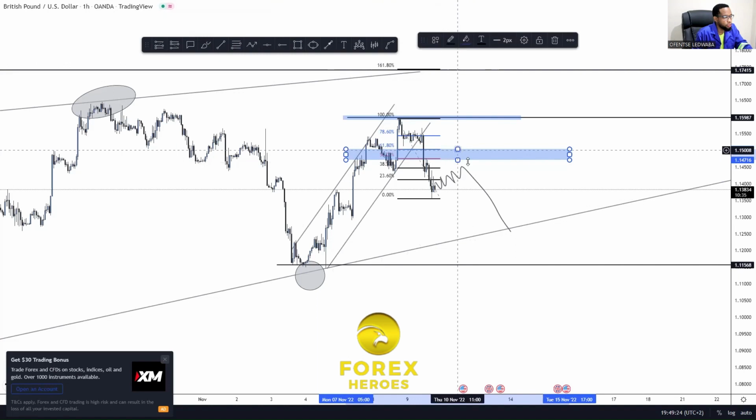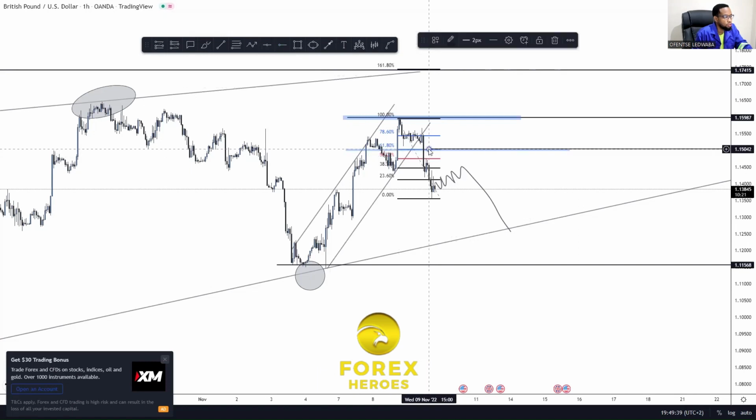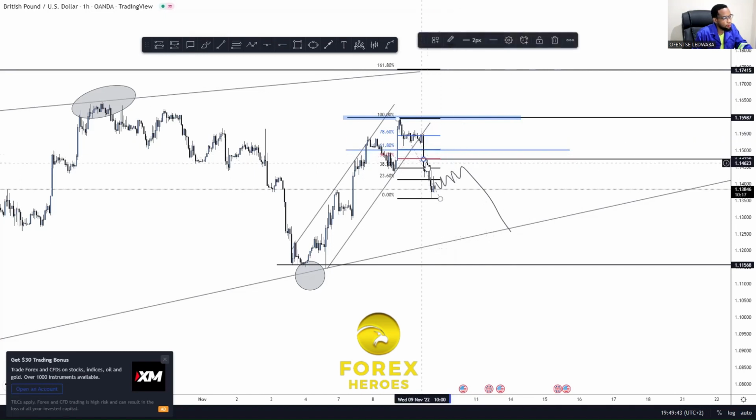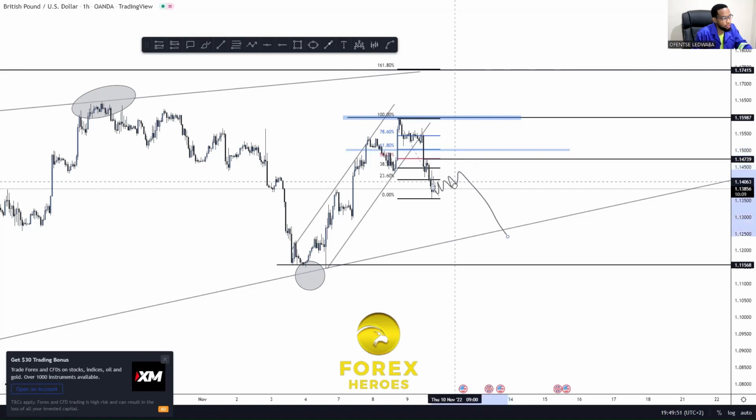You can see 61.8 is around here. So if we use this, in the past you put your stop loss above this high, but sometimes it breaks this high, something like this, but it reverses just before, or it taps into the 61.8 prospect.